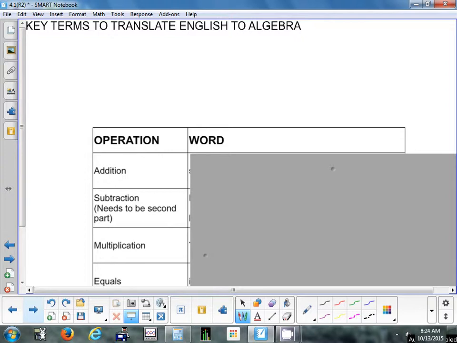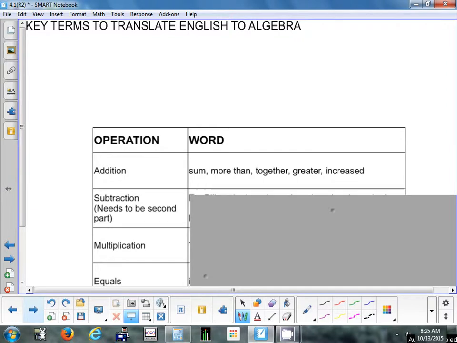You could see add. Yep. Product. Product we're going to see somewhere else, but product is a good word for another one. How about increased by? All right, all those words. Some, more than. Greater. If I said like 2 greater than x, that's like x plus 2.